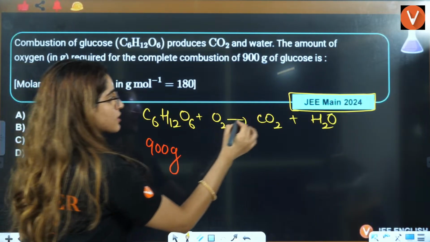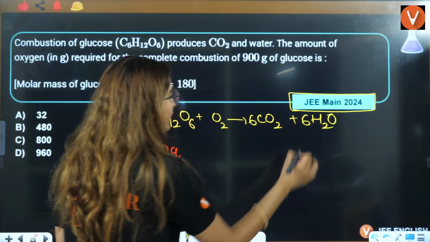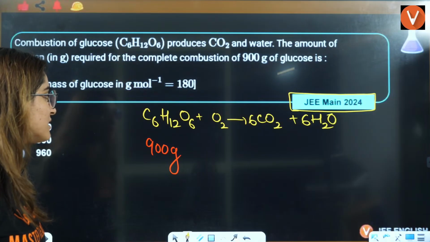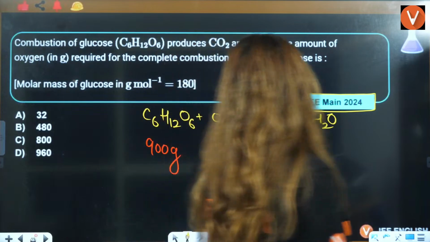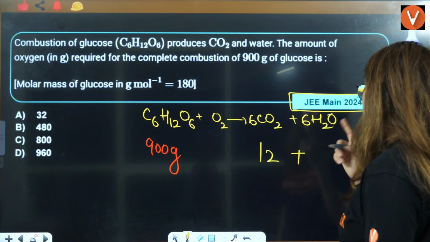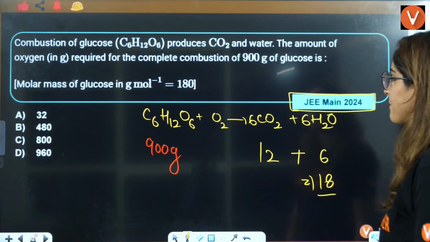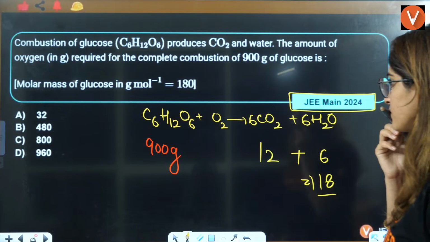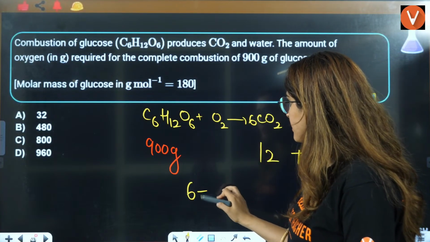Carbon is 6, so this also has to be 6. Hydrogen is 12, so this has to be 6. So carbon and hydrogen are balanced now, but oxygen is 6 times 2, 12, plus 6, that is 18, and here it is 6 plus 2.